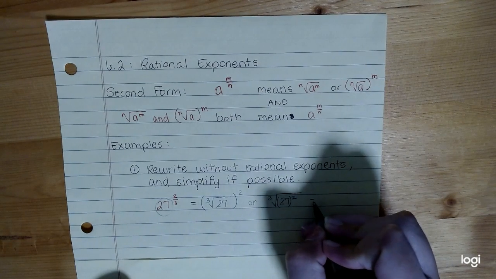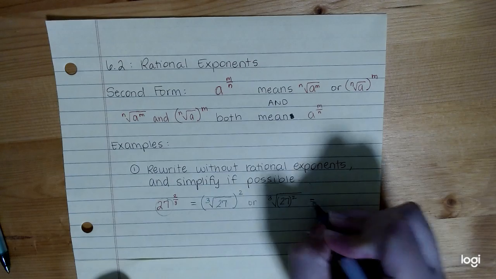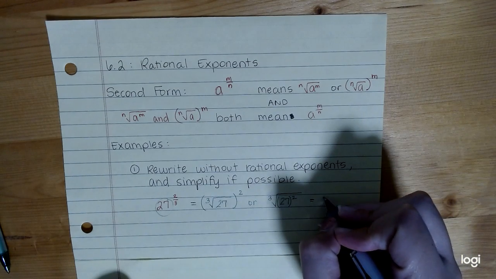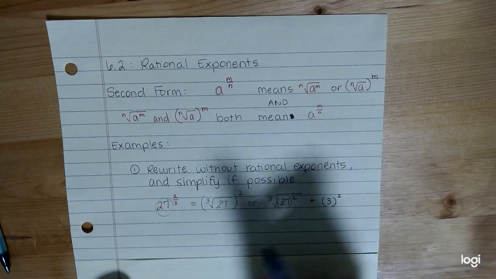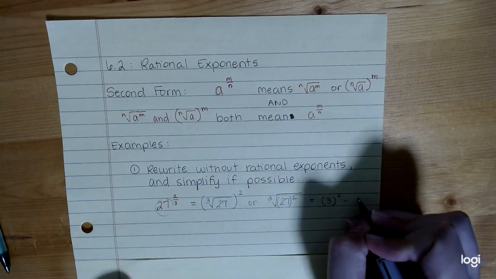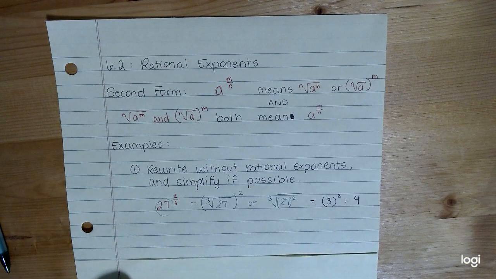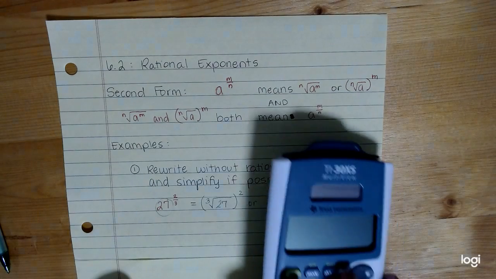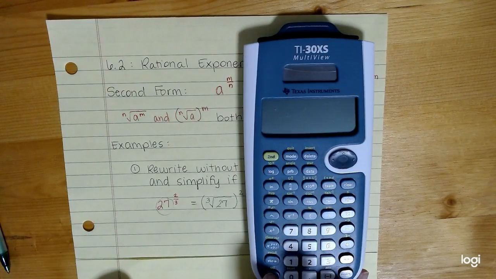So we know that the cube root of 27, we've used this a couple times now, has a value of 3, and then if we square that, we get that this simplifies to a value of 9. Now, if you're having problems with that on your own, pull that calculator out to support.